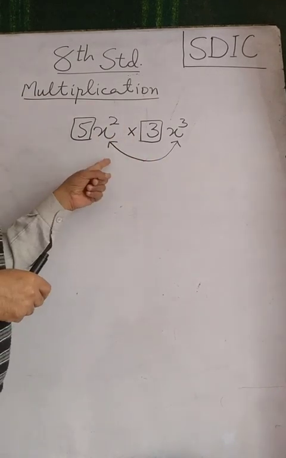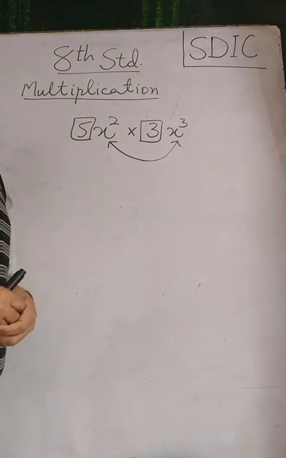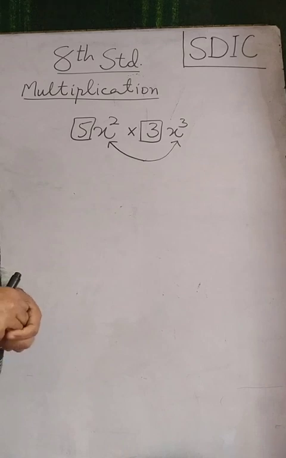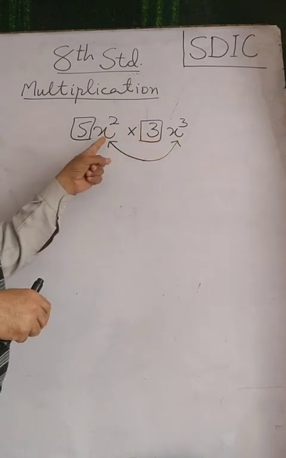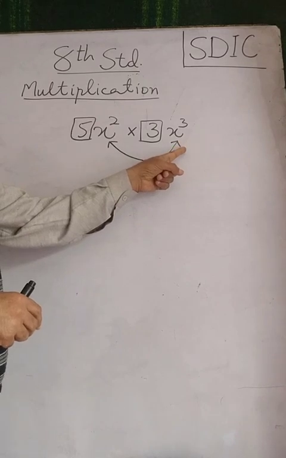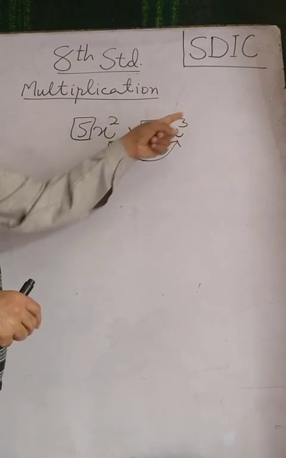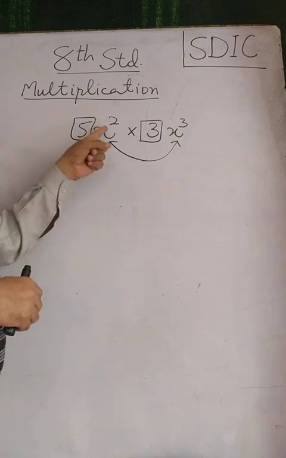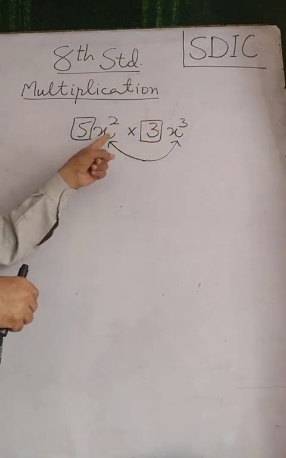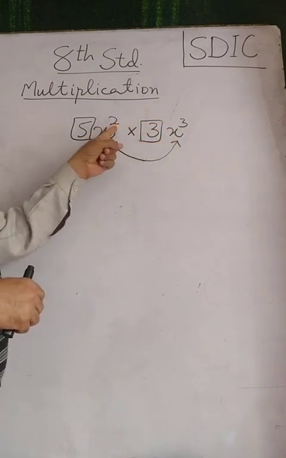And for multiplying these variables, you have to use the law of multiplication or law of division, whichever exists. In multiplication, if bases are same, base is x, here also the base is x. It is x square, it is x cube, bases are same. Then the law says, in case of multiplication, their powers are added. X will remain same, base will remain same, but powers will be added.